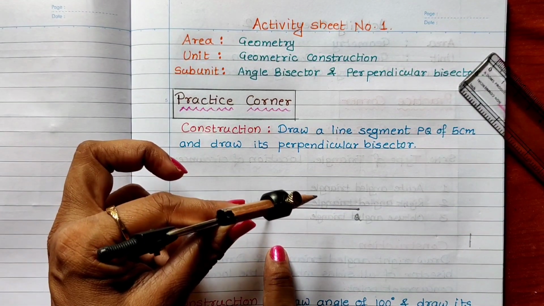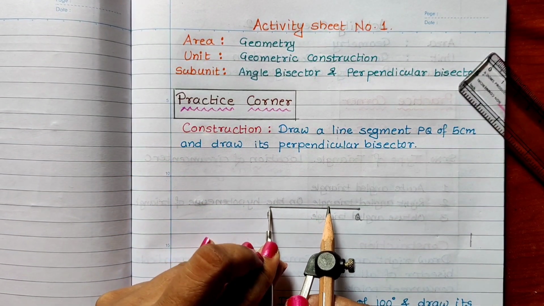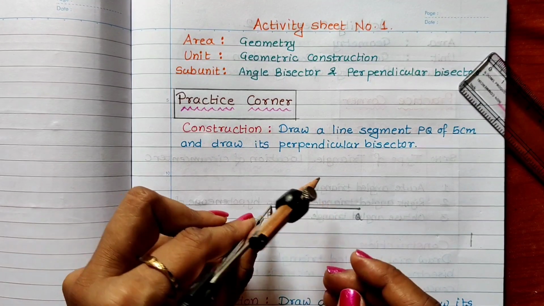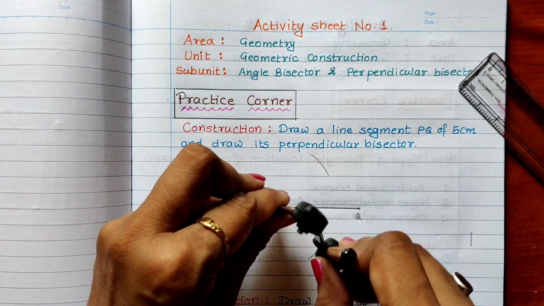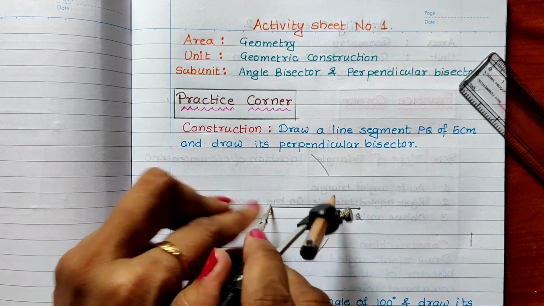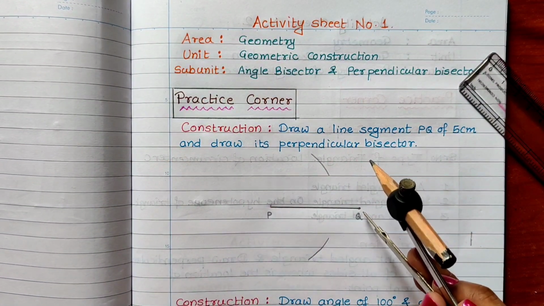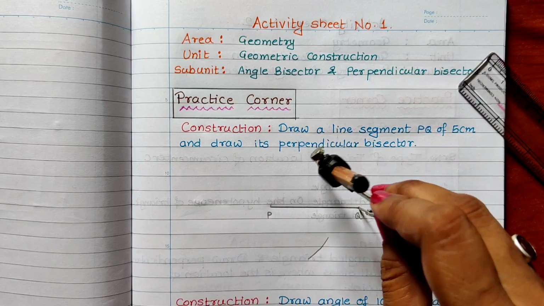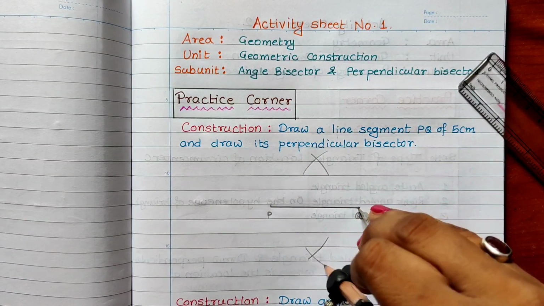So taking point P as the center, taking more than half the distance of segment PQ in the compass, approximately, we draw one arc up and one arc down from point P. The same thing we will do by placing the pointed tip on point Q, taking Q as the center, and we will draw the second arcs up and down.